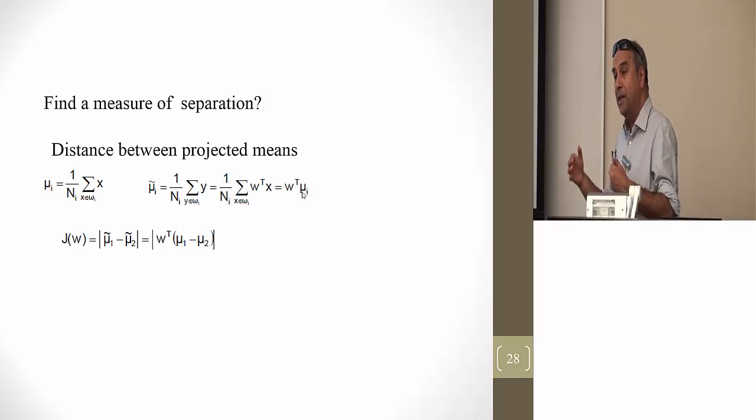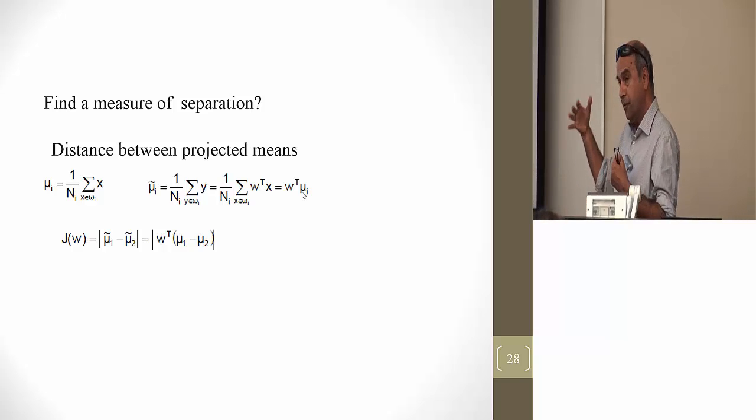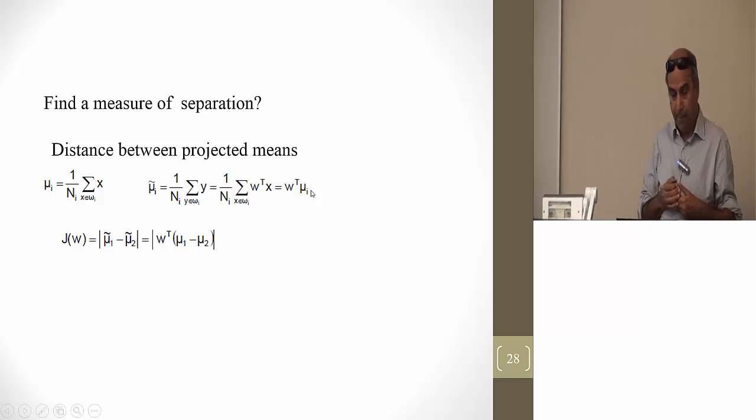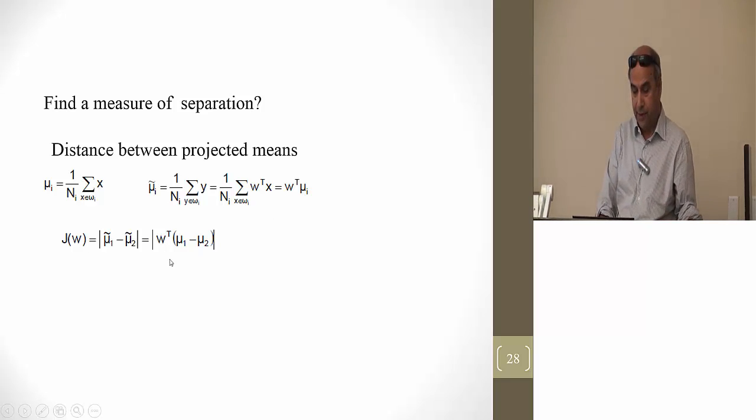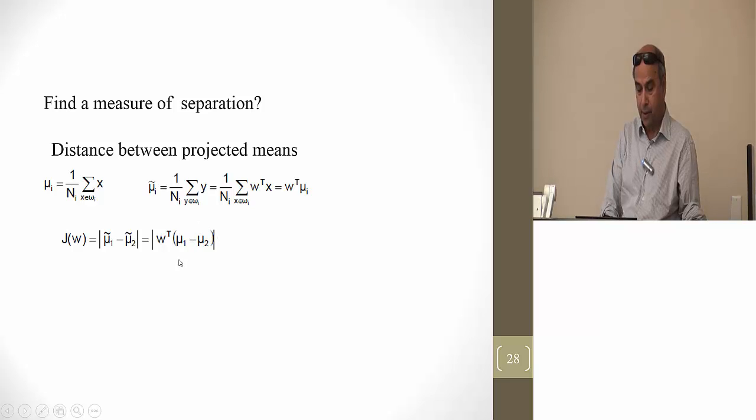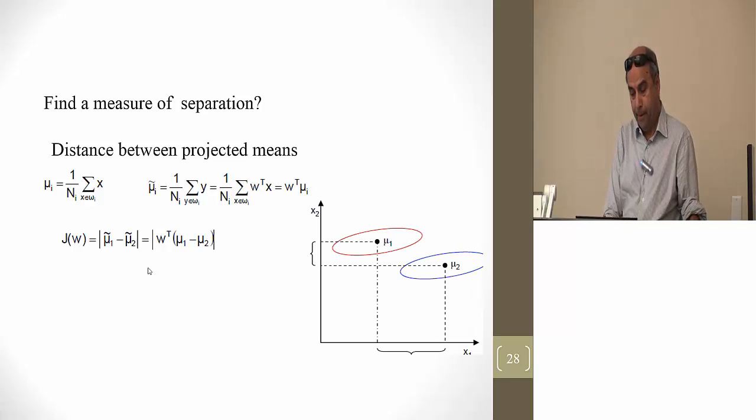Mu1 tilde is the mean in the projected space Y for class 1, and mu2 tilde is for class 2. And as you see, this essentially is the original space mu1 minus mu2 just multiplied by W. That's the transformation.